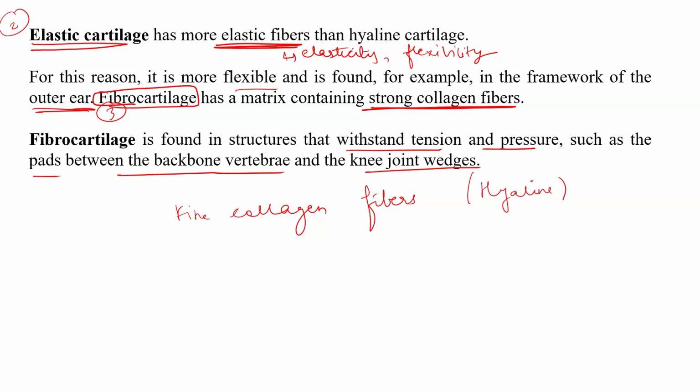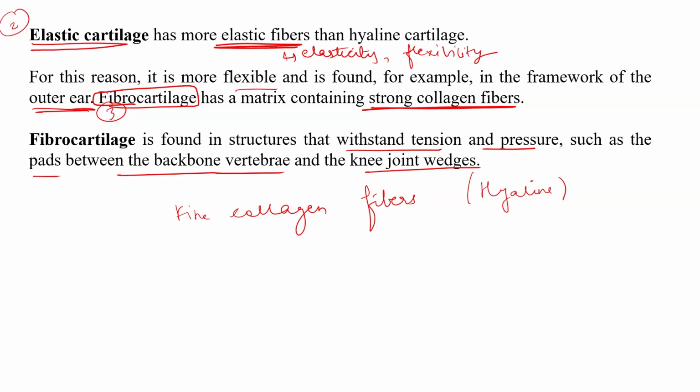So just by remembering the properties of the fibers, by remembering the composition of different types of fibers, it will be easy for you to understand the location as well. Wherever we need elasticity, like as I mentioned in the outer ear, which is highly elastic.